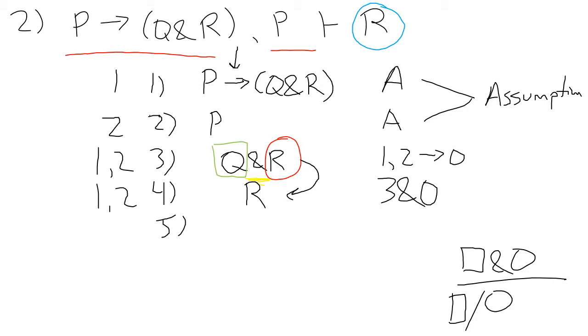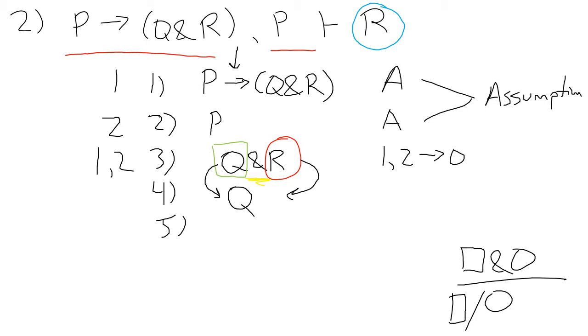Now, just a point to mention here. In logic, you're allowed to have things that you don't necessarily need. And why I say this is because logic is following a step-by-step process. And say that you wanted to write Q here because you wanted to remove the ampersand.